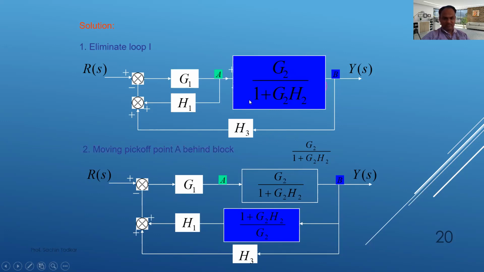So I have taken here its reciprocal, 1 plus G2H2 divided by G1. For simplification, dividing or multiplying by the reciprocal is the same.